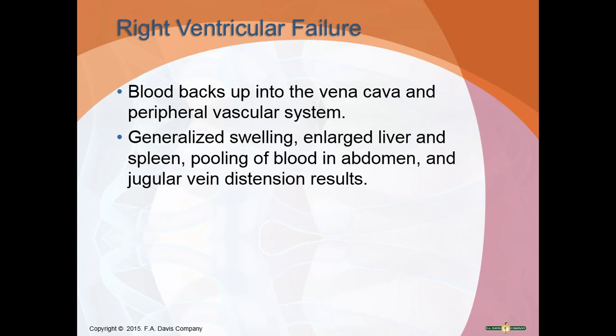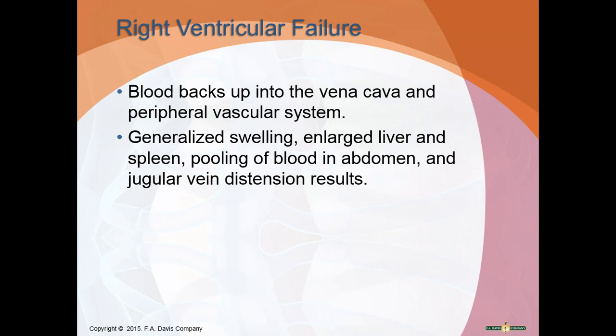In right ventricular failure, the blood backs up into the vena cava and peripheral vascular system. Generalized swelling, enlarged liver and spleen, pooling of blood in the abdomen, and jugular vein distension result. And this often occurs in chronic lung disease. This is because diseased lungs make it more difficult for the right ventricle to pump blood into the pulmonary circulation. This strains the right ventricle and over time can lead to right ventricular failure.